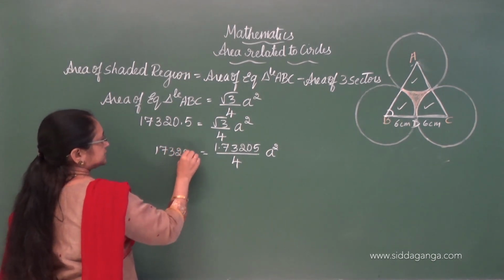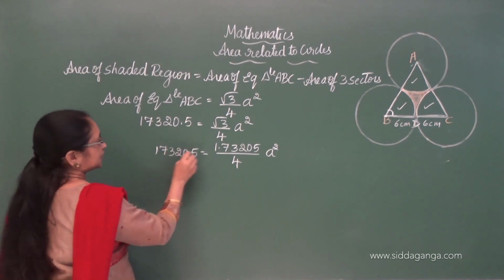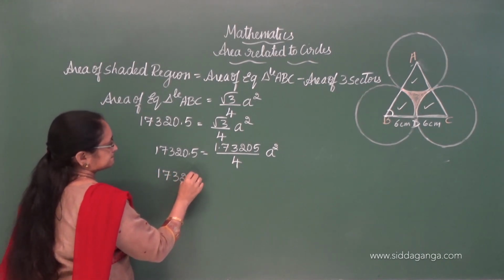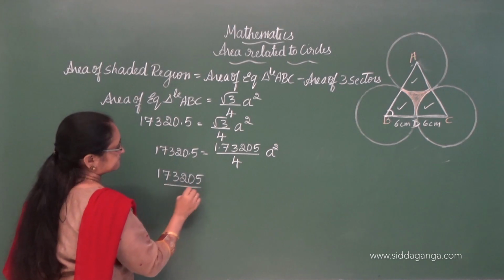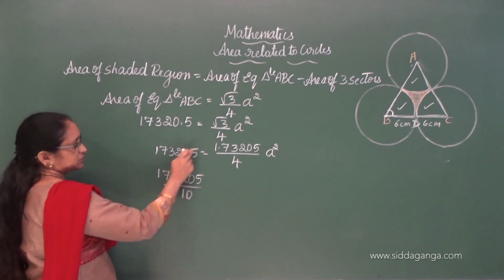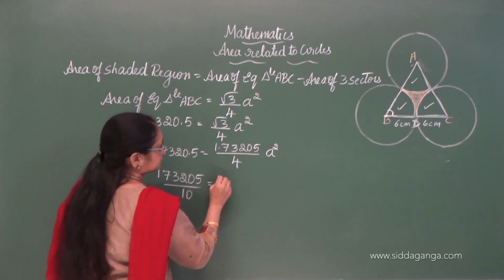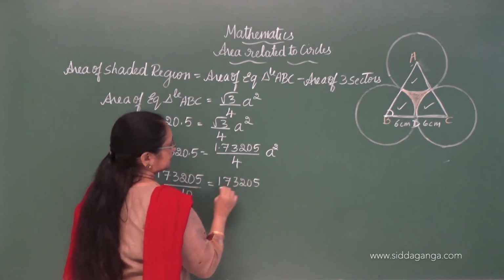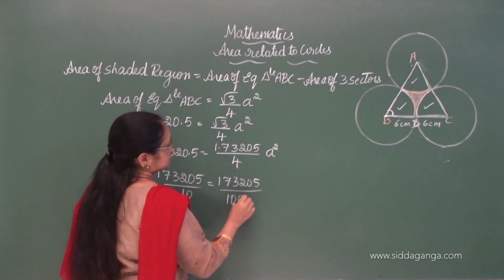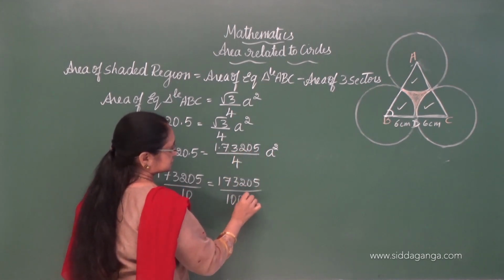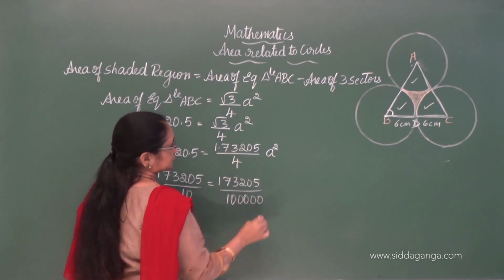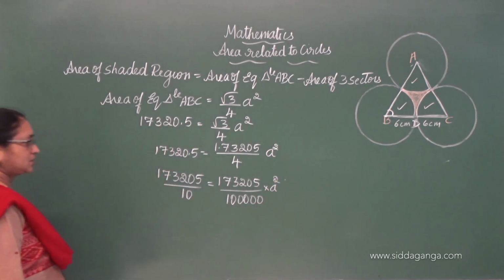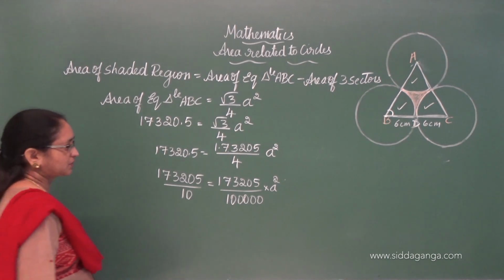So, to make it easy, what I will do, I will just divide this by 10, okay, to remove the point, and here also divide by how many zeros, 1, 2, 3, 4, 5 zeros, into A square. I hope you understood the procedure, okay.